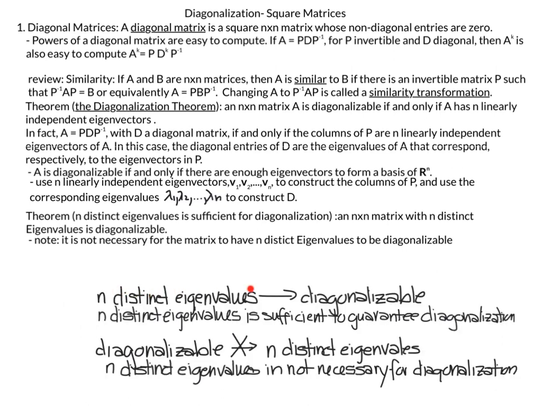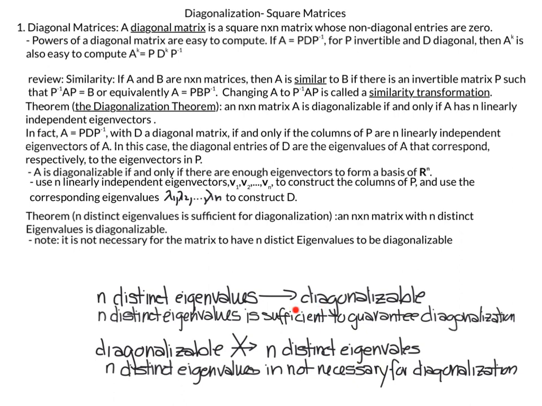Looking at this theorem rewritten as n distinct eigenvalues implies diagonalizable, and contrasting it with the converse, diagonalizable implies n distinct eigenvalues, this one isn't necessarily true, even though the first one is. It's the difference between necessary and sufficient.